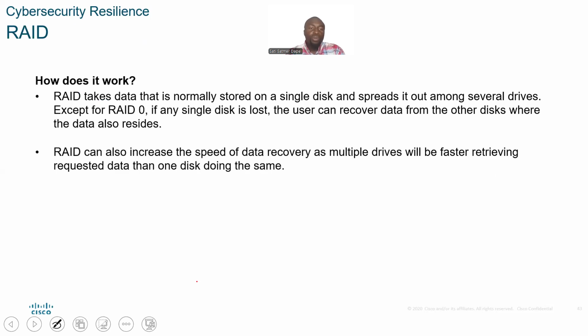Then you need to have what we call RAID, especially for your servers. The RAID takes data that is normally stored on a single disk and spreads it among several disks, except RAID 0. Now, what it means is that if you have a server that has 4 hard drives, you can configure the server to say, I want to just use 2 of these hard drives, but I want you to replicate exactly or mirror whatever is in these 2 hard drives on the other 2.